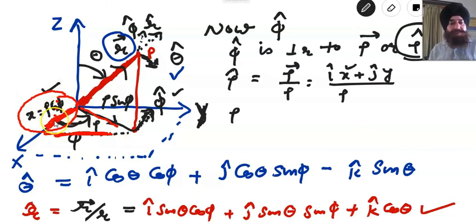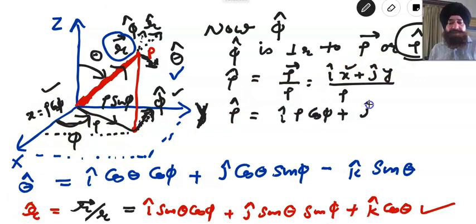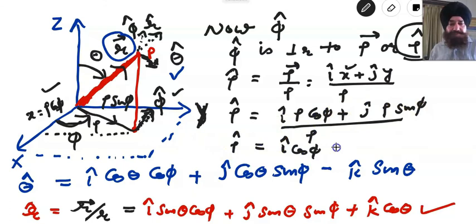Base is cos, so x is equal to rho cos phi. Perpendicular is sine, so y is rho sine phi. Substituting x and y, rho cancels out and we get this equation.